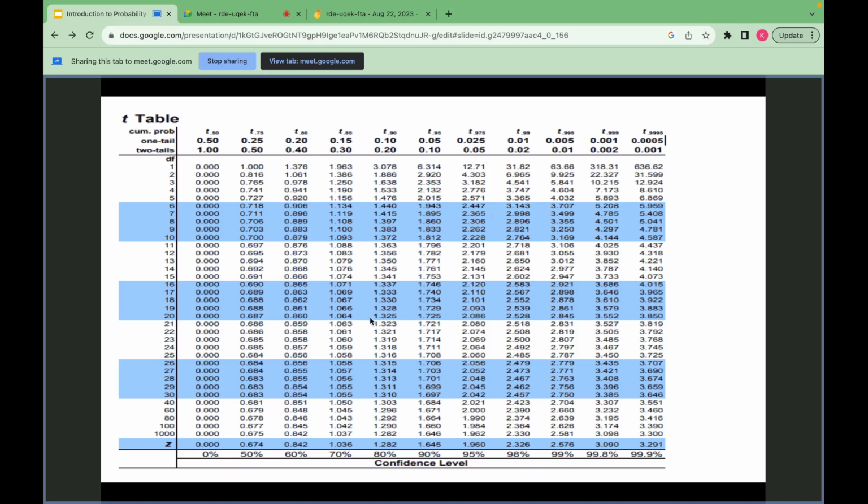In this we are not given 143, but you can use some other t table. This is not a very good t table, I checked online also, or you can calculate it using this table only.